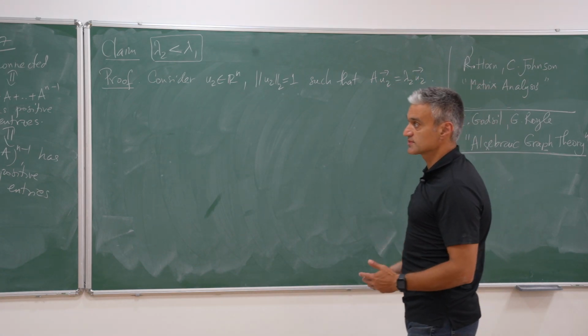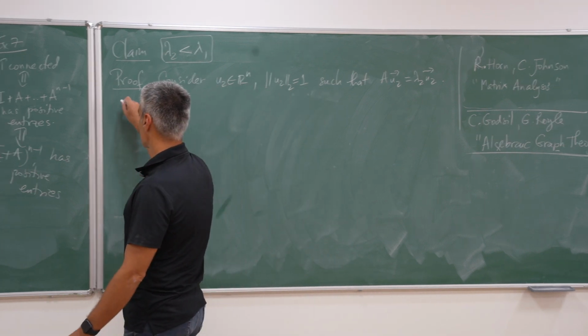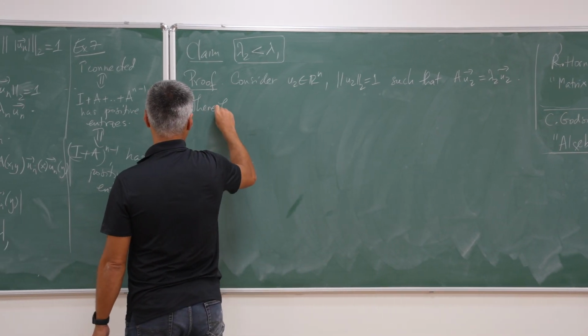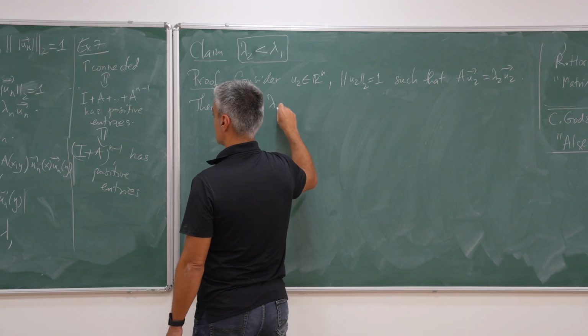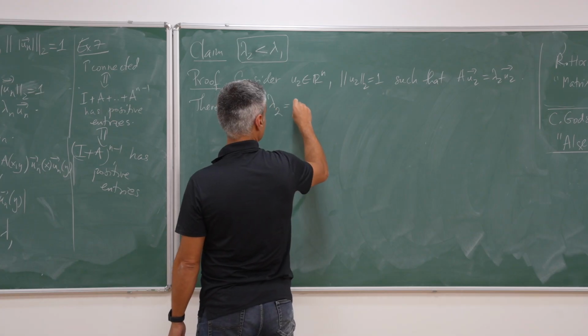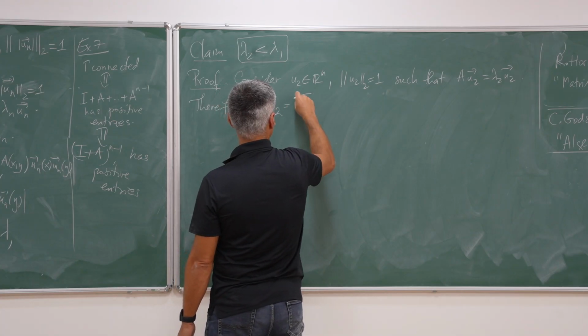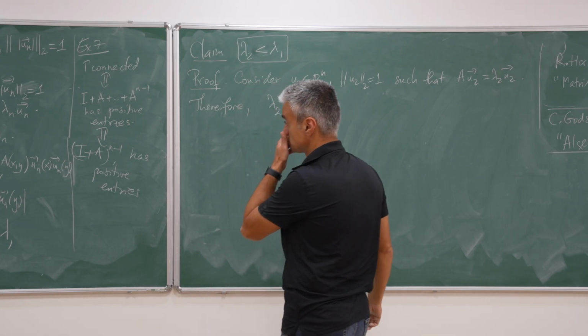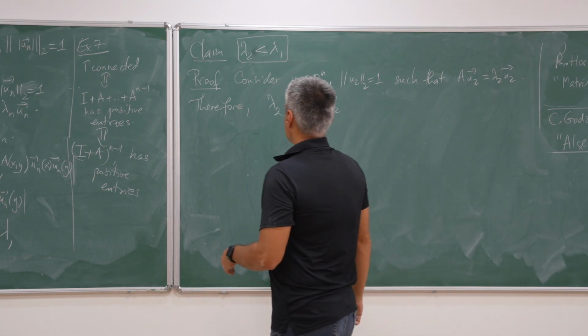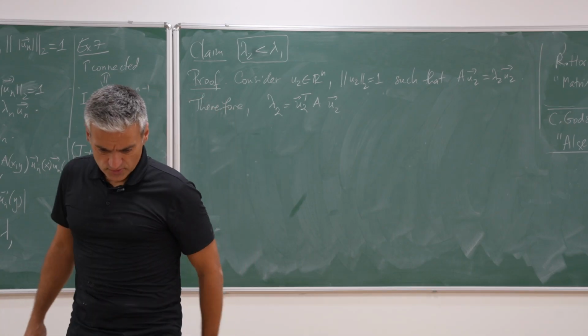Okay, and we do the same type of argument. Therefore, lambda 2 is going to be u2 transpose A u2. And let me see if I need absolute value.